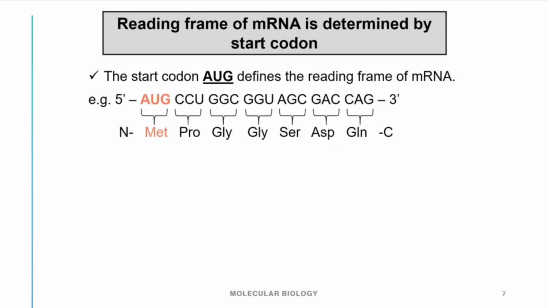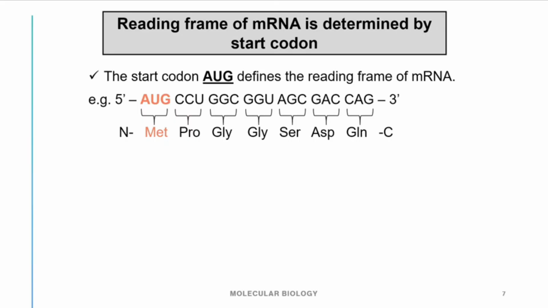Moving on, we are going to introduce the next concept called reading frames. In an mRNA, when the mRNA is being read and translated into a protein, the ribosome will actually start the translation process at the start codon. And during the translation process, the ribosome moves in 3-nucleotide steps.